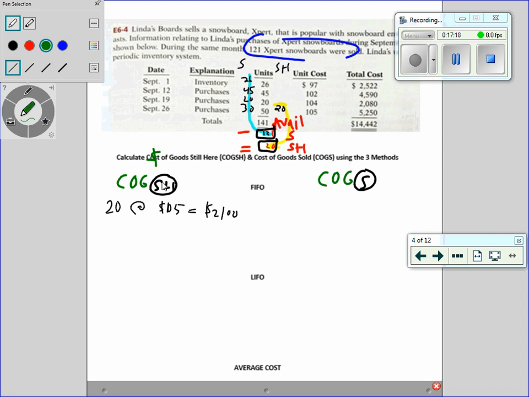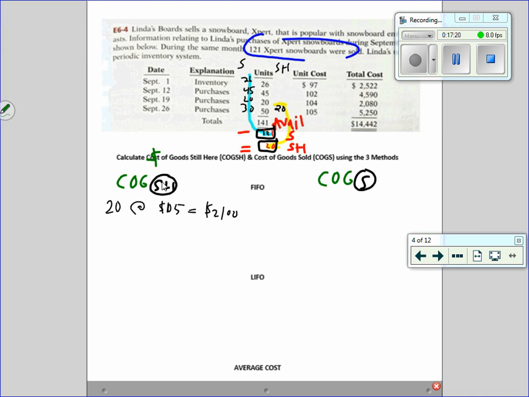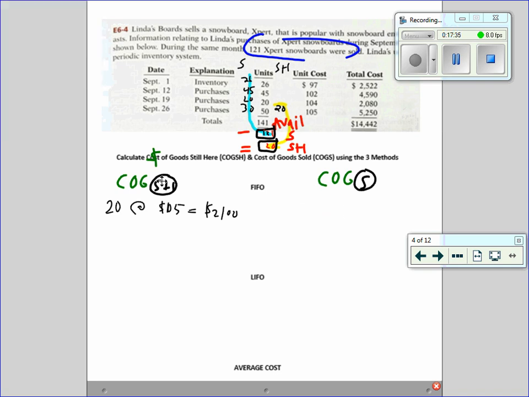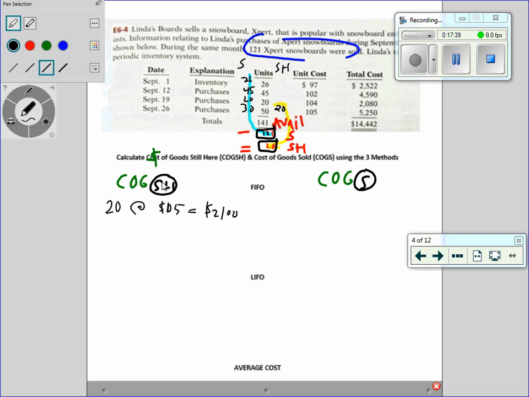Now we're going to roll over into the cost of goods that's gone, sold. To do that, we take cost, oh, why is it green? Cost of goods available equals 14,442.